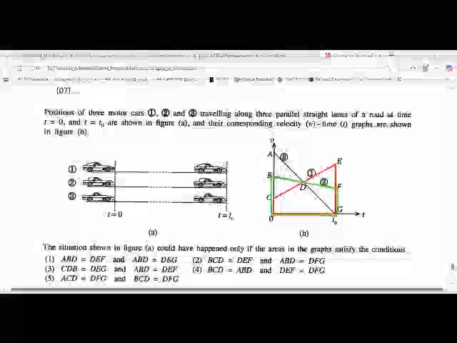When the first and second cars are moving in the same direction with the same displacement, their areas should be equal. When these areas are drawn in red and green, keep your attention on when this triangle's area is equal to this area.